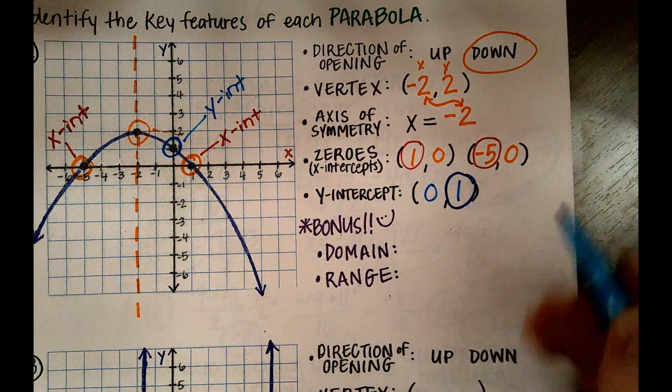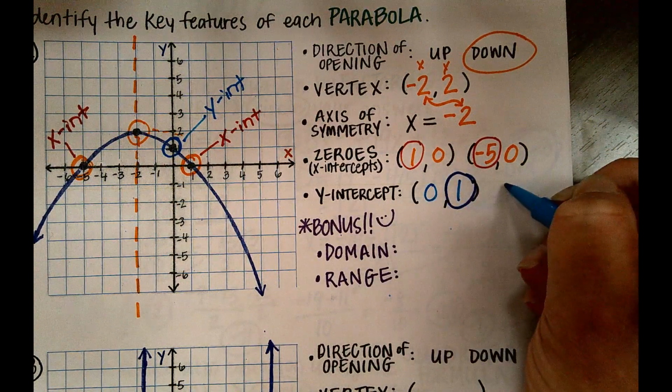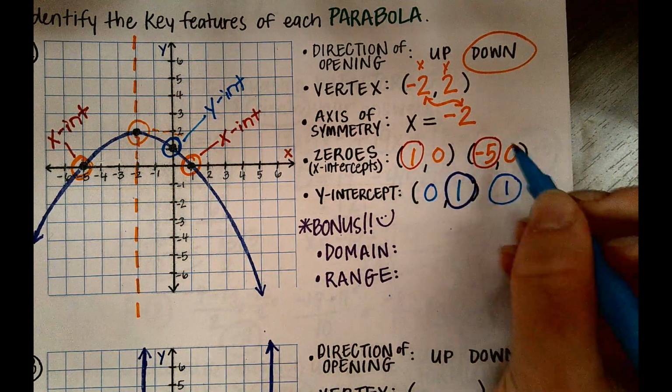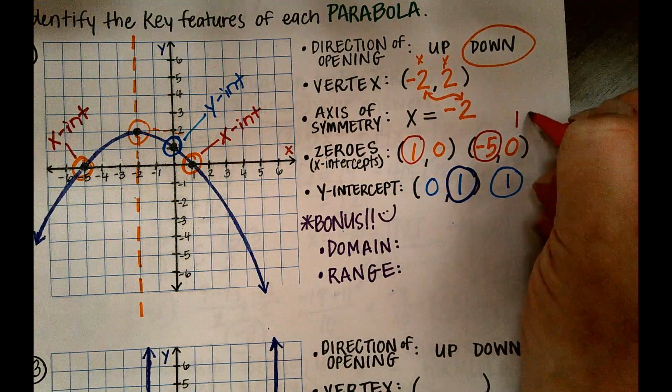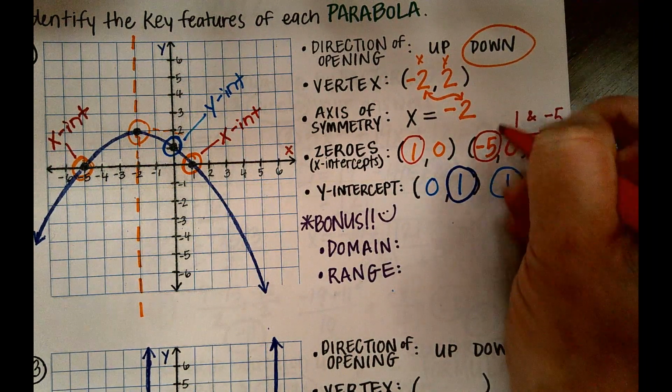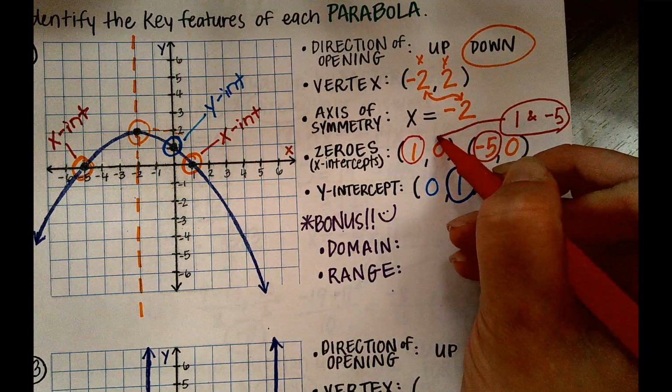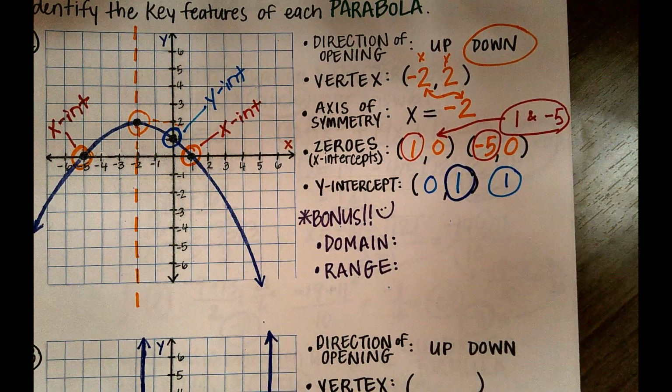And what you can do instead is just write 1. And then over here you could just write 1 and -5. And that is fine with me. Yes, or the comma, just don't put parentheses. Does that make sense?